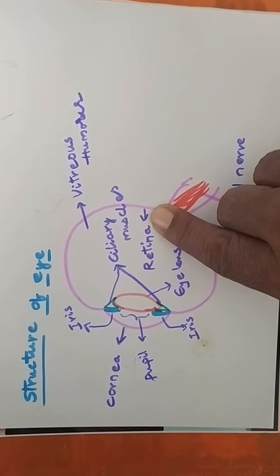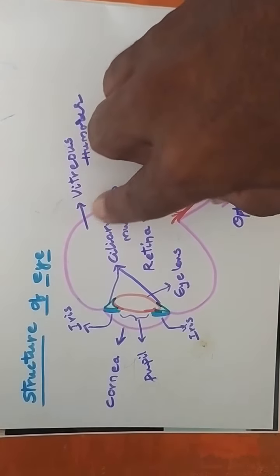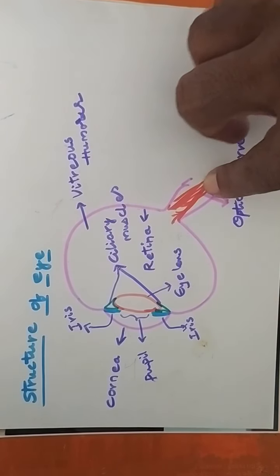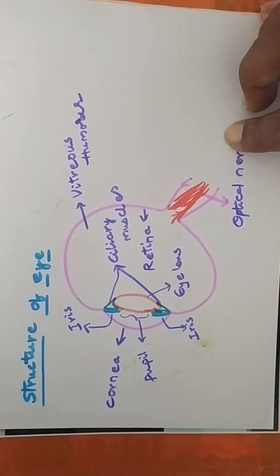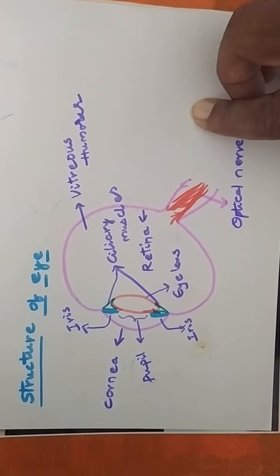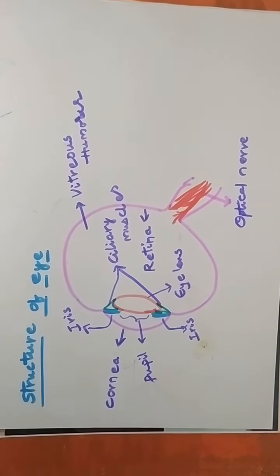After receiving the information falling on the retina, it is sent to the brain through the optic nerves. Once the information reaches the brain, it interprets and understands what the image or object is.